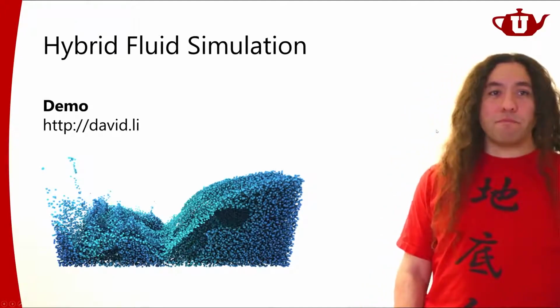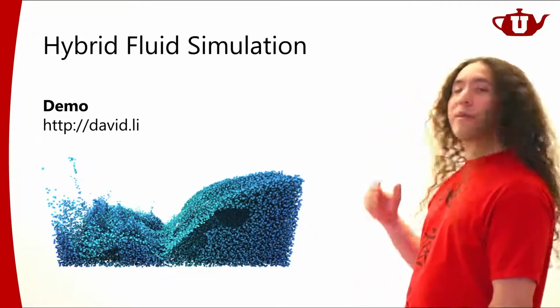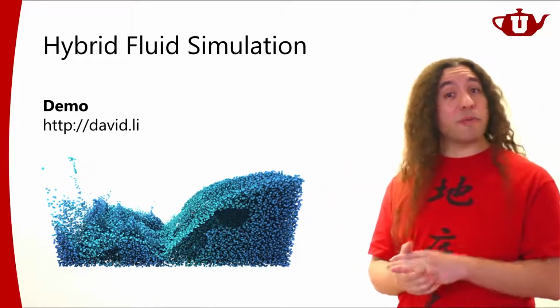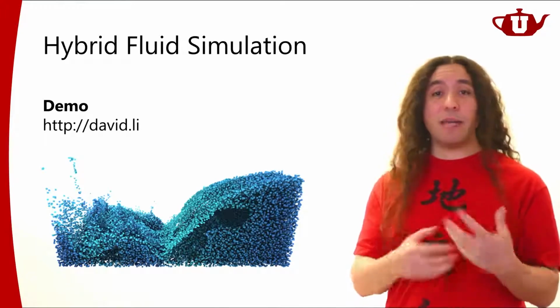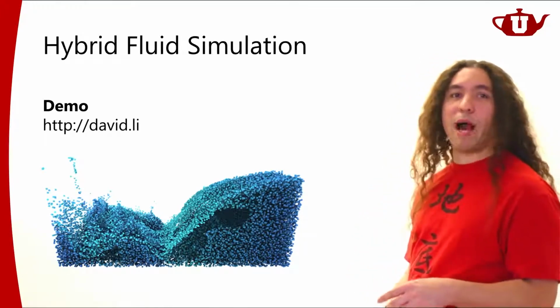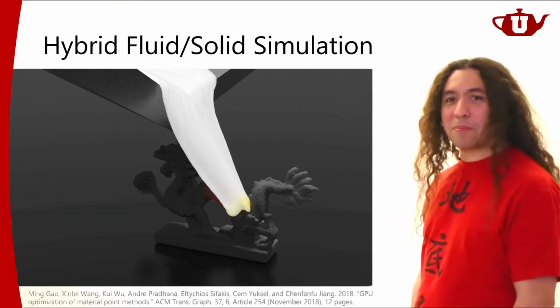All right. Now, this hybrid simulation idea of having a particle-based discretization and also a grid can also be used for simulating different types of deforming objects. For example, something like lava, or we did this for another paper.